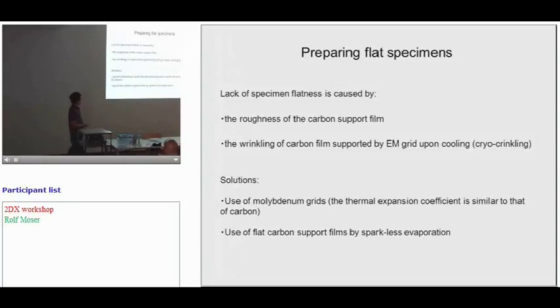Using molybdenum grids is important, but preparing a flat carbon support film is also very important, because the crystals are adsorbed to the carbon film, so an atomically flat surface of the carbon support film preserves the planarity of the 2D crystals.